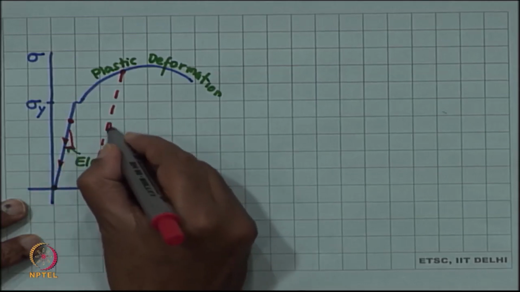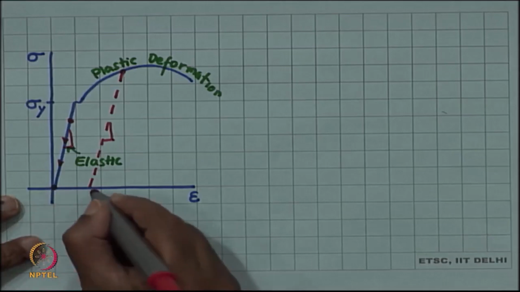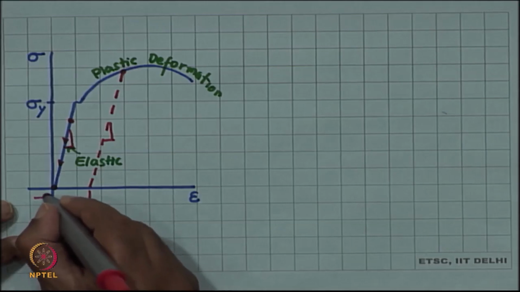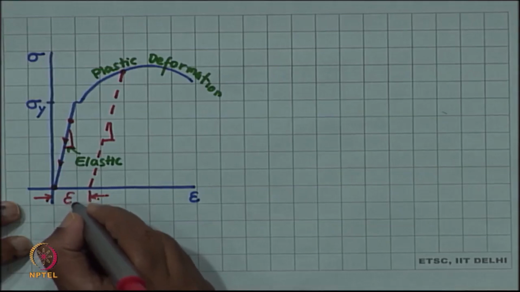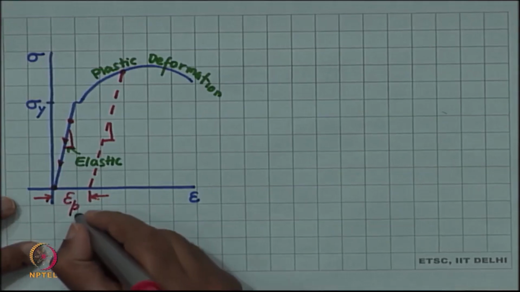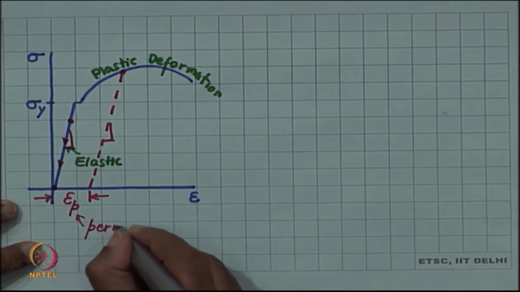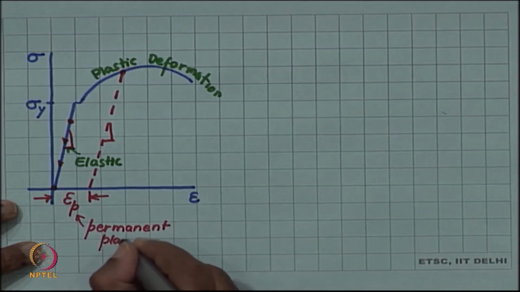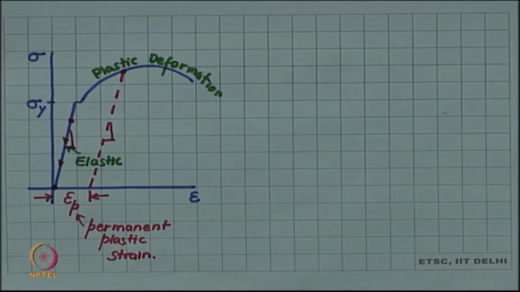The slope is not changed, which means even at 0 stress, so much of strain is left. So, this is the plastic strain which is left in the material. This is permanent plastic strain.